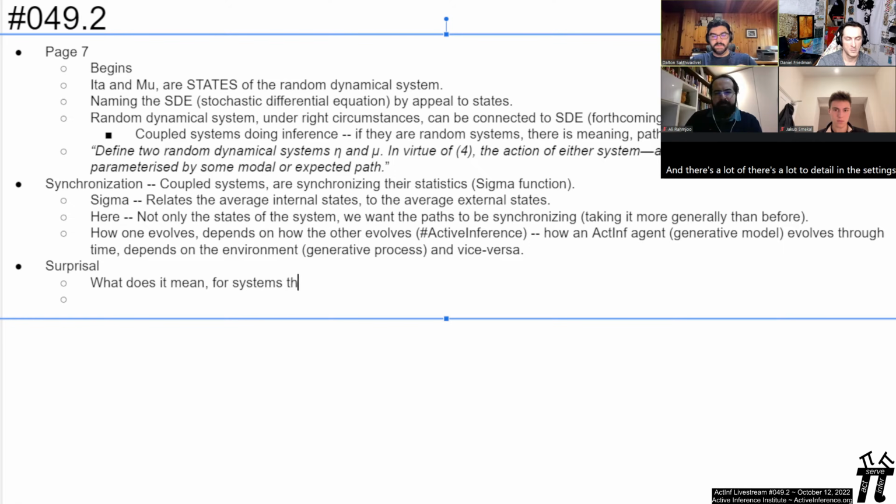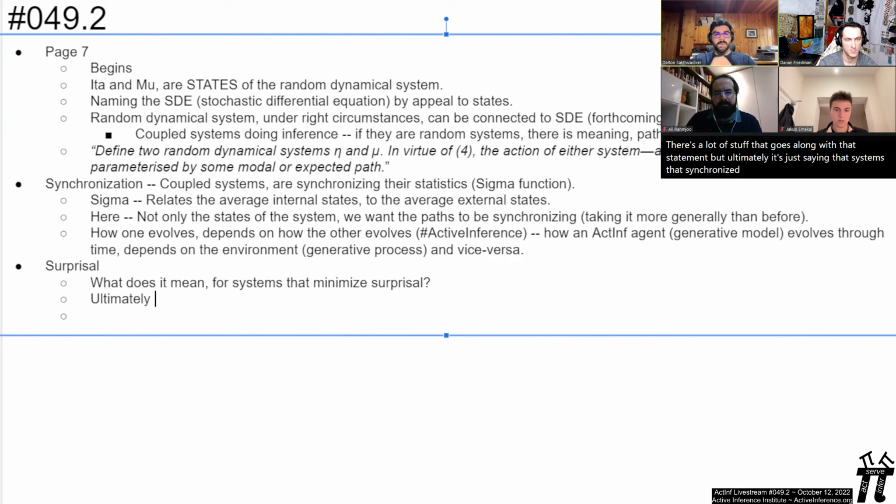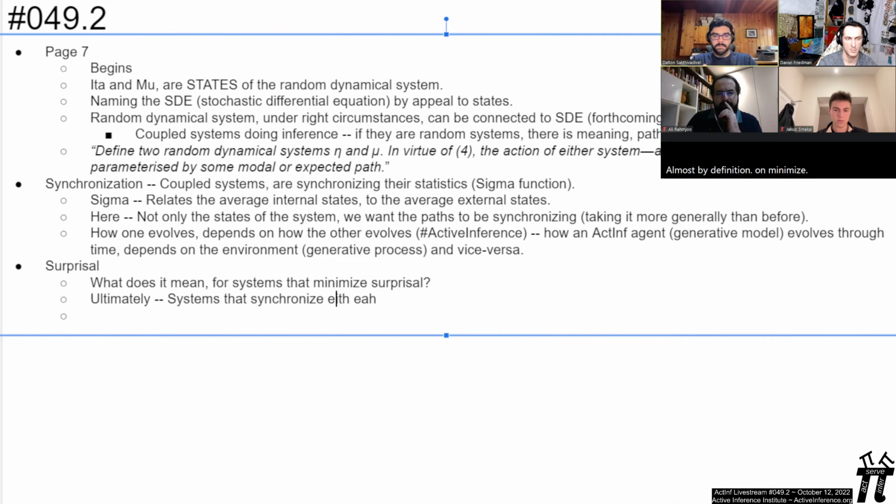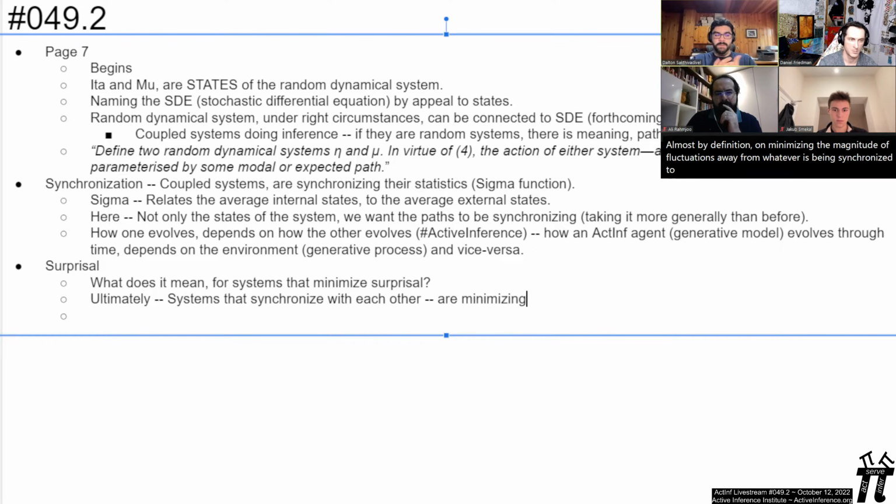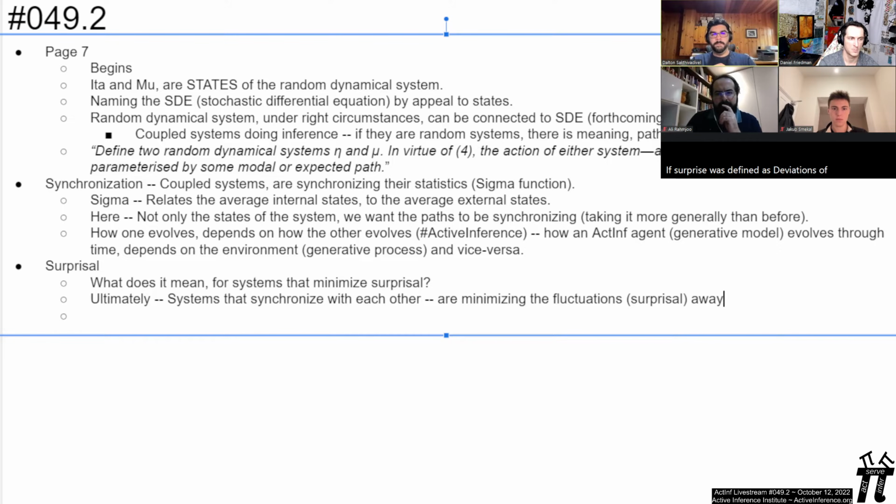There's a lot of stuff that goes along with that statement, but ultimately it's just saying that systems that synchronize with each other, almost by definition, are minimizing the magnitude of fluctuations away from whatever is being synchronized to. So this relationship means that you are minimizing your surprisal if surprisal is defined as deviations away from the thing that is being synchronized to.